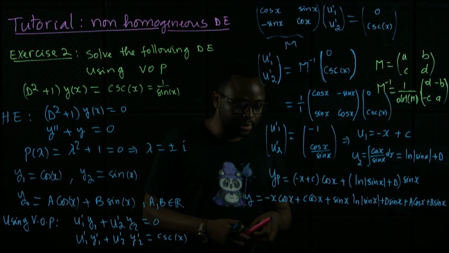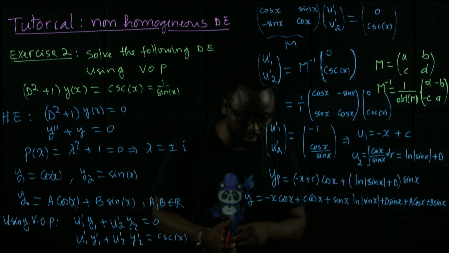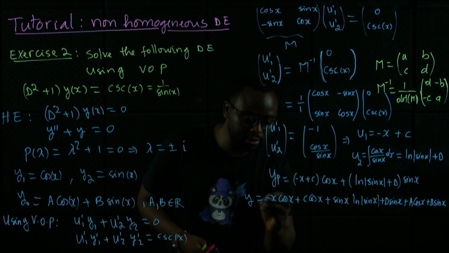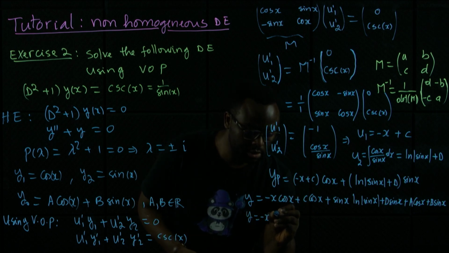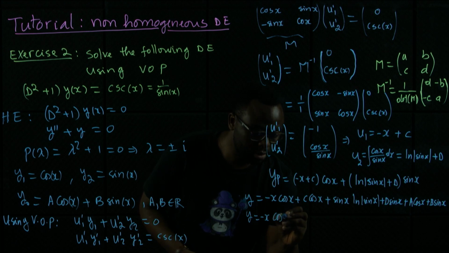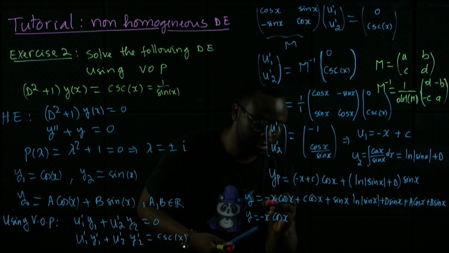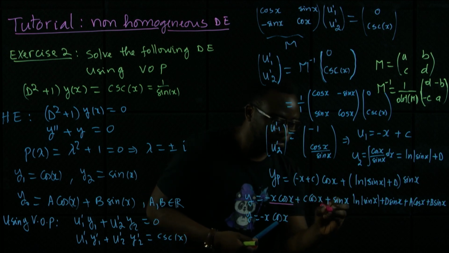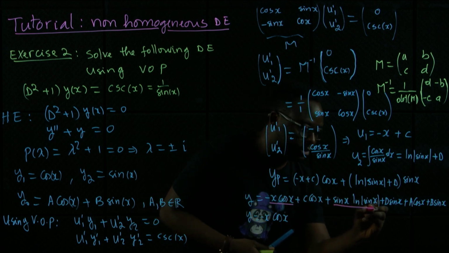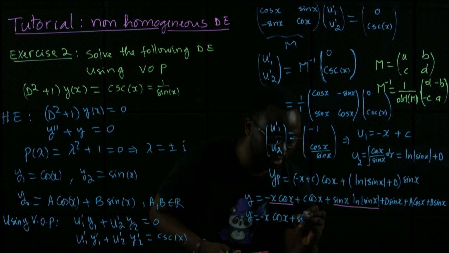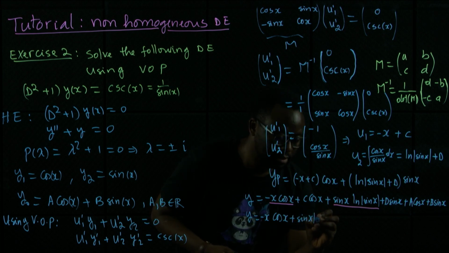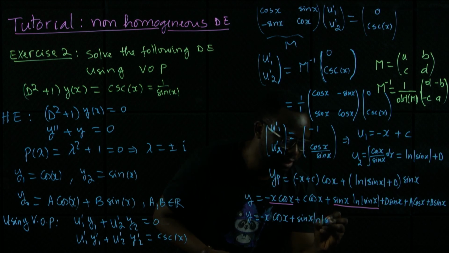All right, at this stage, let's collect terms. We have y equal to minus x cos x. After this, I also take this term, sin x times the logarithm of sin x.